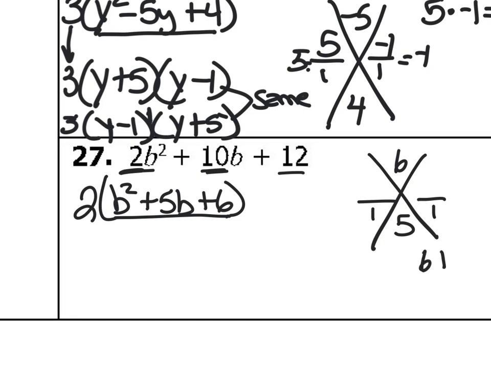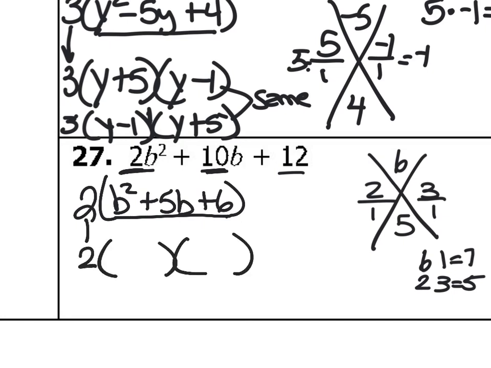You say, well, 6 times 1. But 6 plus 1 is 7. And our signs, this is positive, so it can only be -6 times -1 or 6 times 1. So both of those are either 7 or -7. But we also have 2 times 3, don't we? And 2 plus 3 is 5. So my answer is going to be, bring down your GCF. And our two binomials will be b plus 2 and b plus 3. Okay.